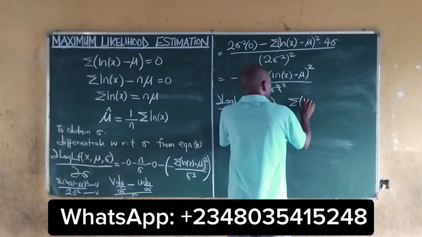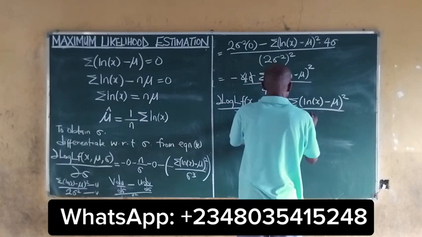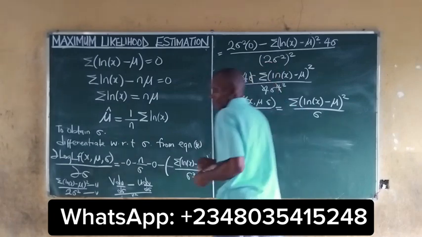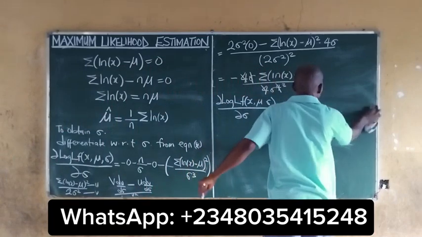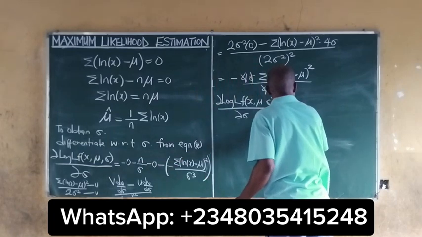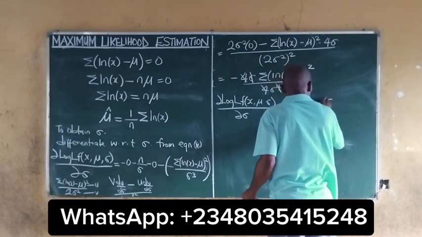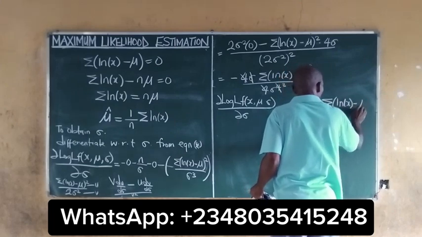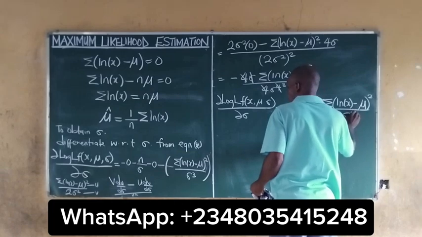Let me write everything else to be elaborate. So what we get here, we have negative n all over sigma plus summation of (x minus mu) raised to the power of 2 all over sigma cubed.